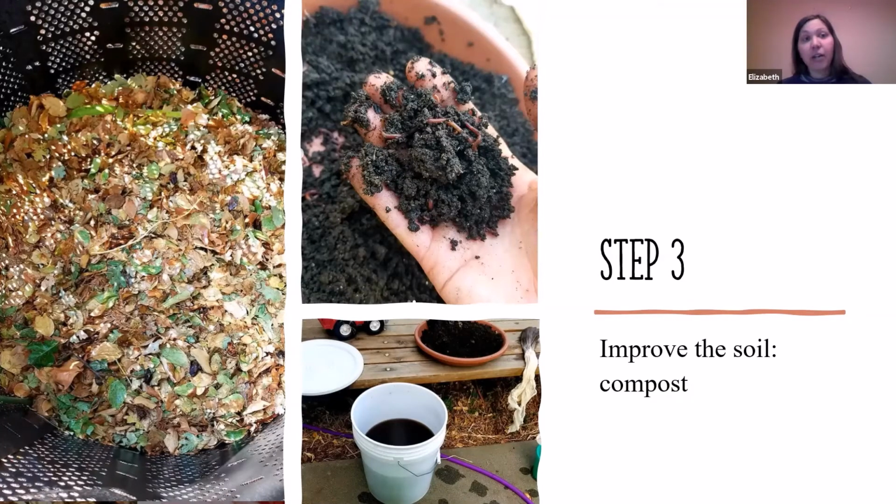You can also just bury it in the ground, and one way to do that is if you know you're going to plant something in a couple months, you can dig a hole and just bury a load of Bokashi there, and it'll break down and create this really good soil. You can also give it to your worms sparingly, and they actually really like it.